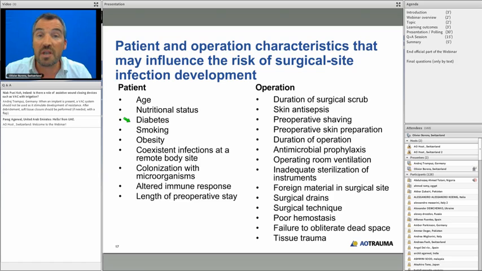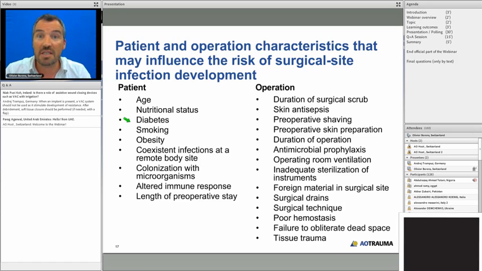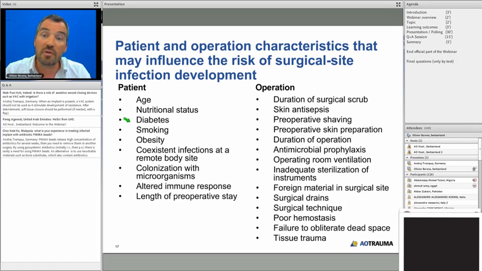But we know that, for instance, if we are dealing with infected non-unions, then if we can get our patients to stop smoking before the operation, there we can clearly decrease the risk of infection. Obesity is important. We have to look at the nutritional status of our patients. Often in gerontotraumatology, elderly patients are very often undernourished. If we can improve their status, we know that we have a direct impact on diminishing the risk of infection.